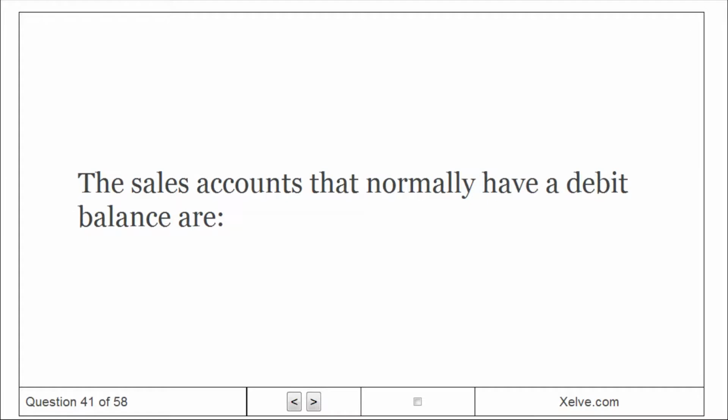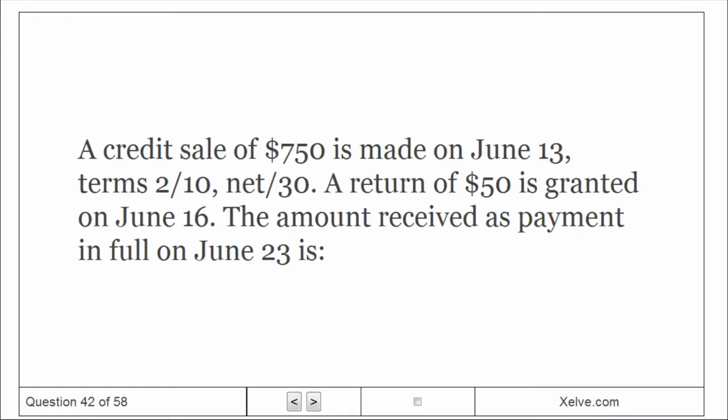The sales accounts that normally have a debit balance are sales discounts and sales returns and allowances. A credit sale of $750 is made on June 13, terms 2/10 net 30.